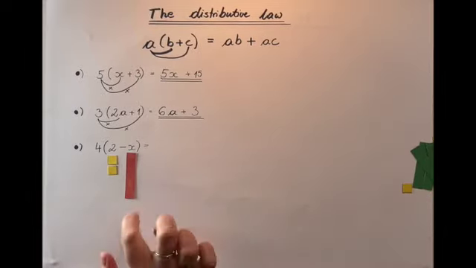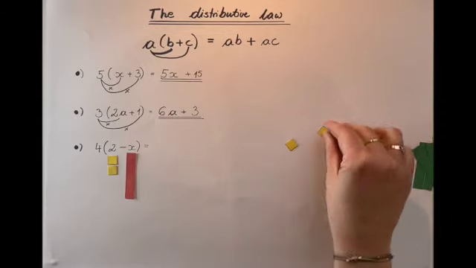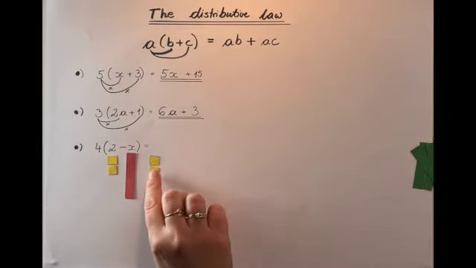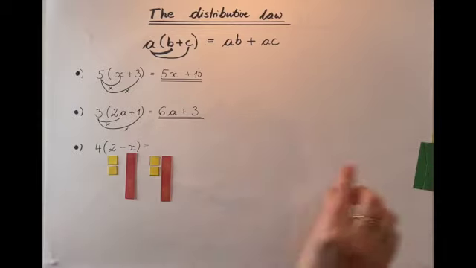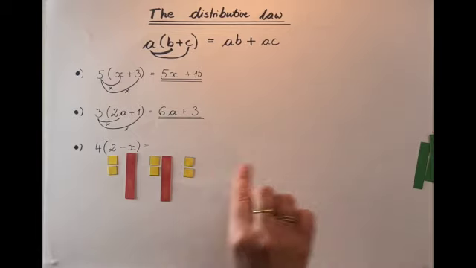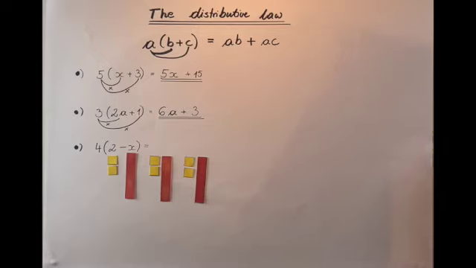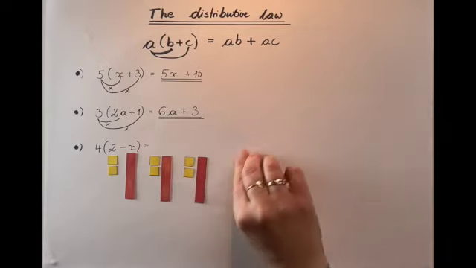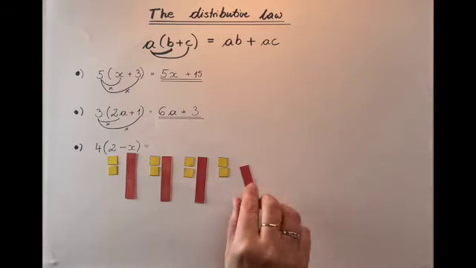That means it's negative x. And now again, we want 4 lots of this expression here. So we have another 2 and another negative x, and another 2 and another negative x, and another 2 and another negative x.